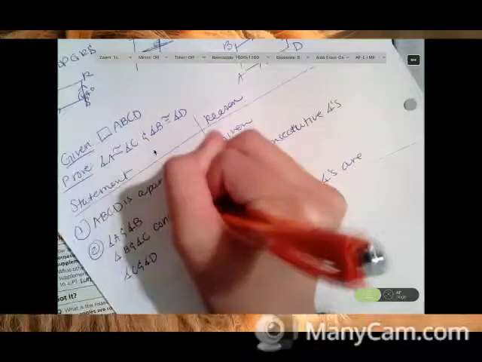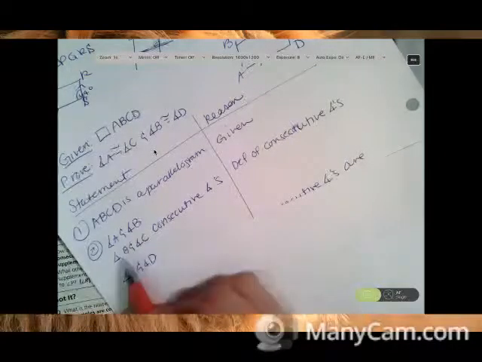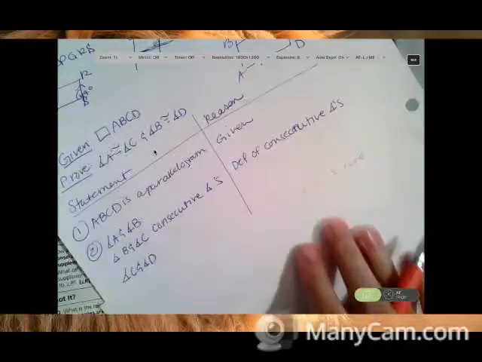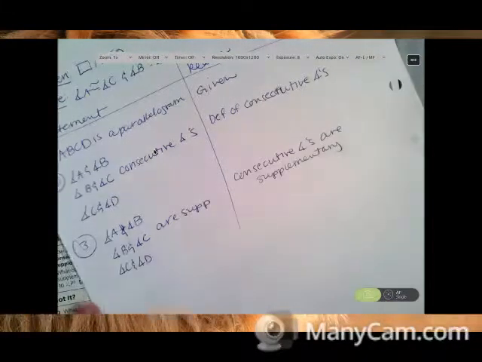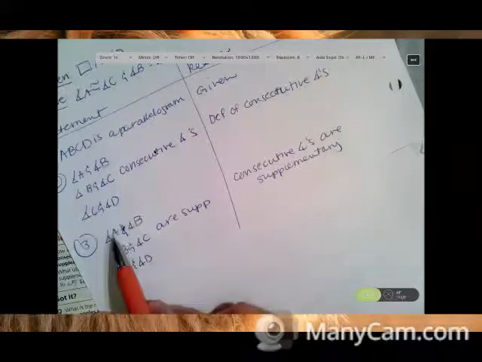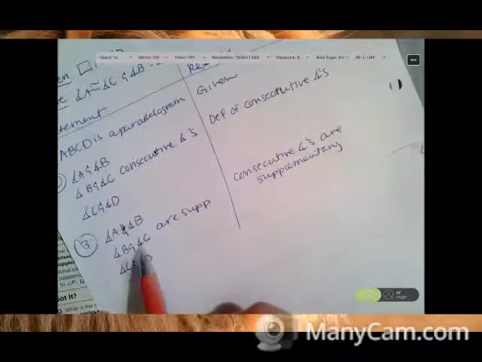They are next to each other. So these are consecutive, and these are consecutive. That is the definition of consecutive angles. Now, because they are consecutive, angles A and B and C and D, they are supplementary. These two are supplementary to each other, these two are supplementary to each other, and these two are supplementary to each other.